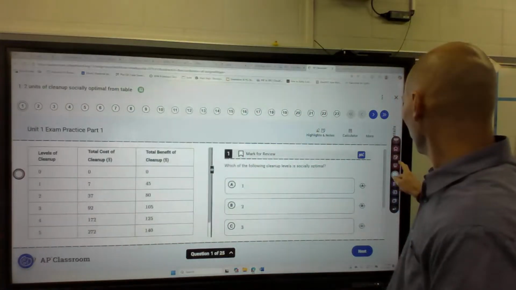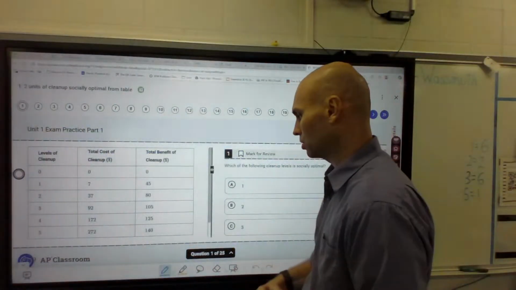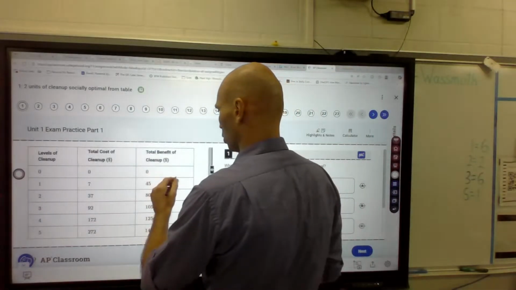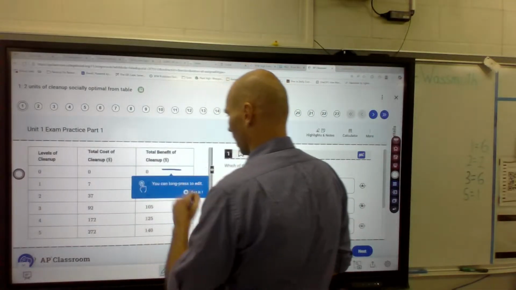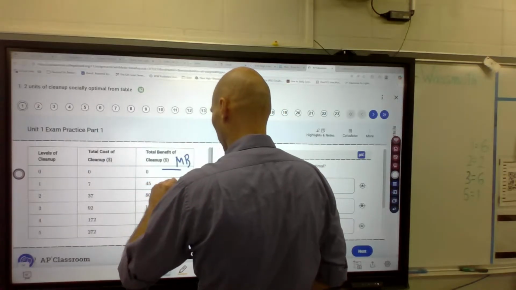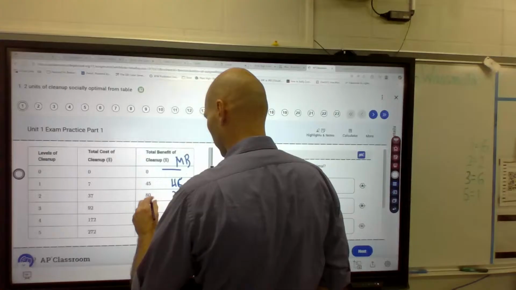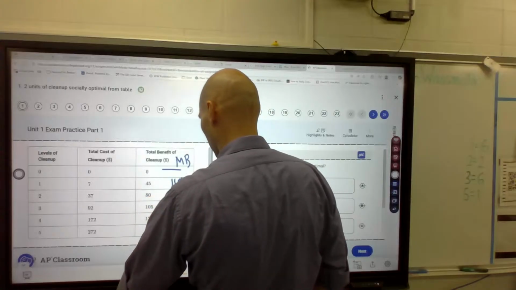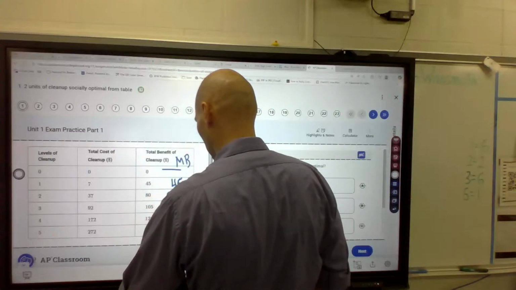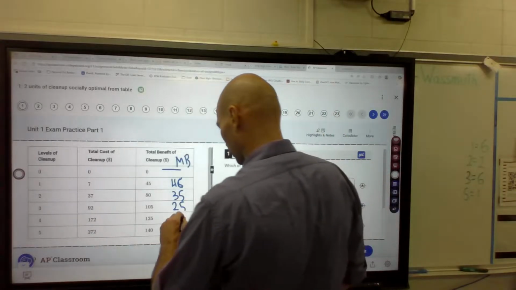So if we do a quick freeze frame here and start calculating our marginal benefit, it's going to be 45, and that'll be 35, and that'll be 25, and this is 15, and this 20.